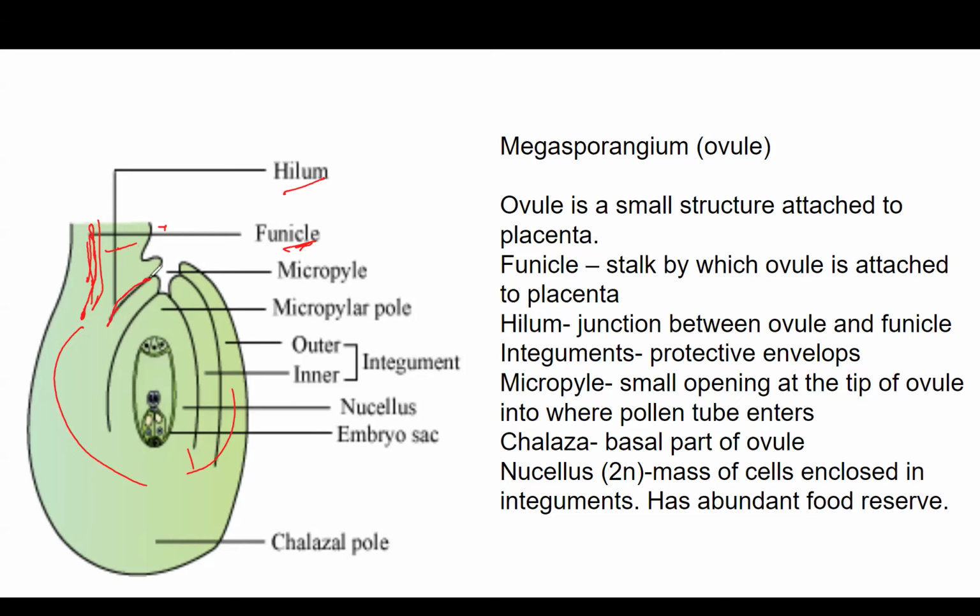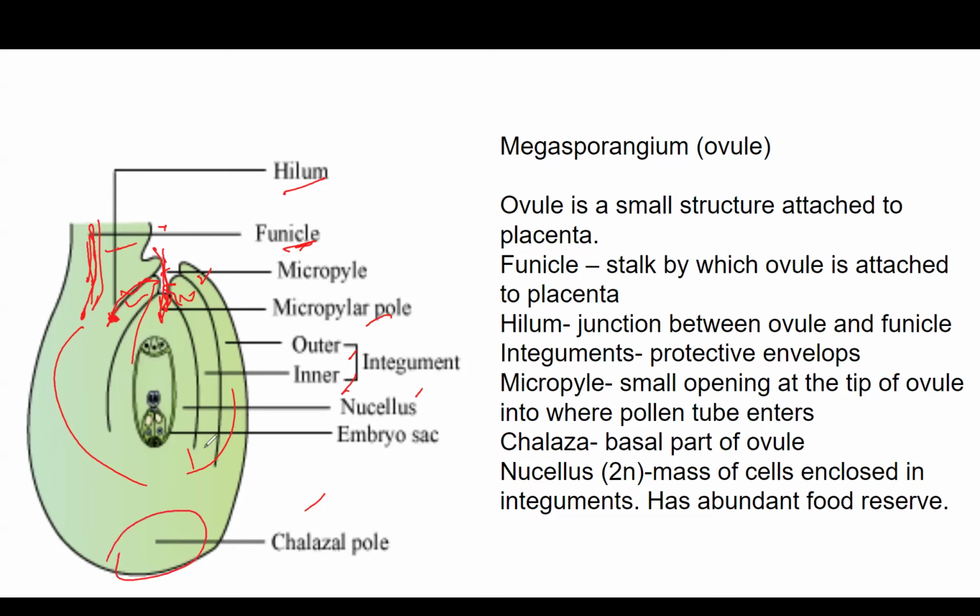Next, I have protective layers known as integuments: the outer integument and the inner integument. The integuments form a small passage, and this end I call the micropylar end or micropylar pole. The opposite end is the chalazal end.